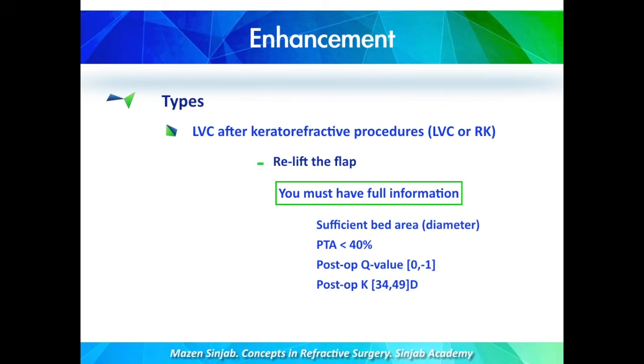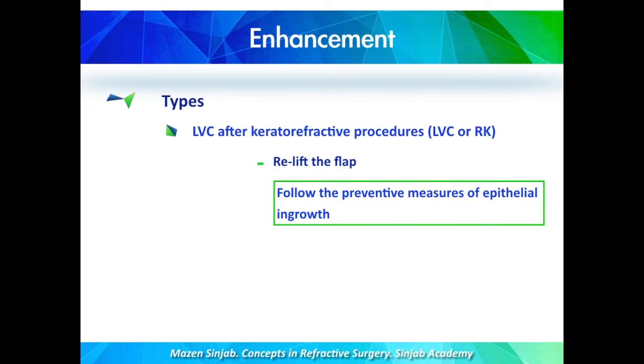We have to know if we have sufficient bed area, diameter, especially if we are going to do customized laser treatment, because it may ablate a large optical zone. We have to calculate the PTA, and it should be less than 40%. The post-op Q value and the post-op K readings should be considered as well. In addition, we have to follow the preventive measures of epithelial ingrowth.